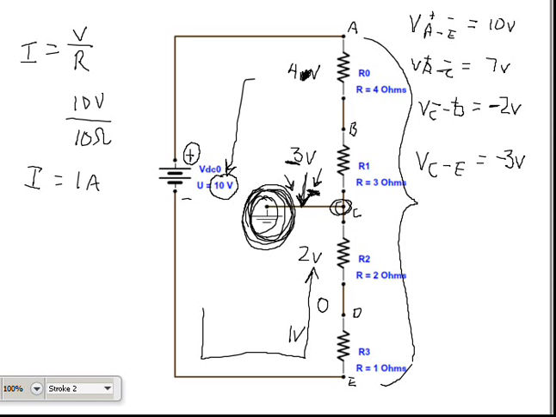That is my negative reference, which is higher than my positive probe. However, it may read negative 3 on my meter, but the absolute value of this voltage drop of R2 and R3 does not change. It is still a total of 3 volts.